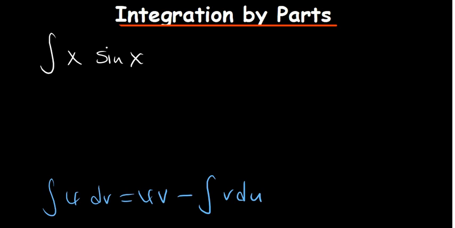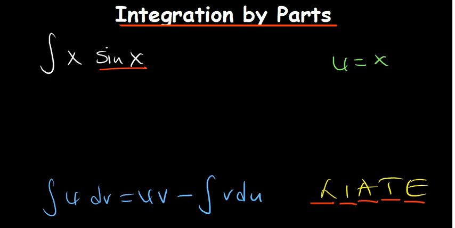Let's not forget our priority for u: logarithms, inverses, algebra, trig, exponential. In this case we have a trig and an algebraic function, so the algebraic function still comes first. Therefore our u still stands to be x, and the remaining part is dv. So our dv is sin x.